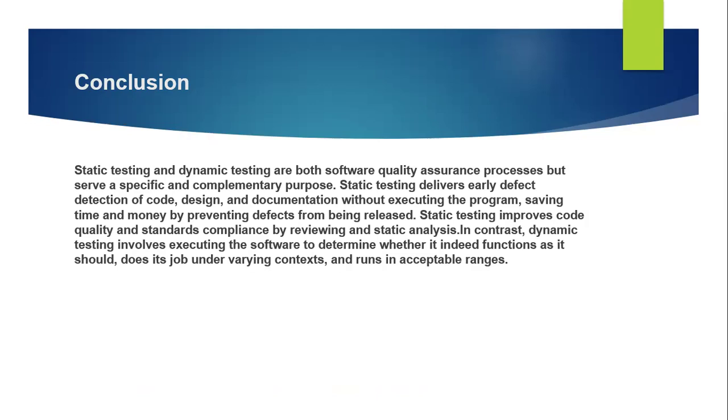Static testing improves code quality and standard compliance through reviews and static analysis. In contrast, dynamic testing involves executing the software to determine whether it indeed functions as it should, does its job under varying contexts, and runs within acceptable ranges.